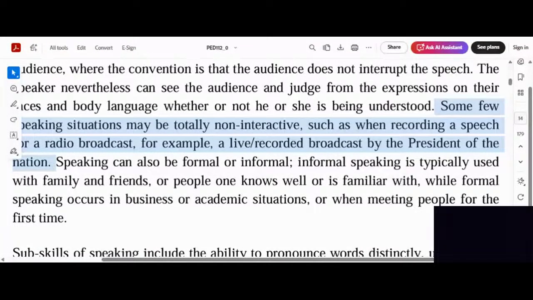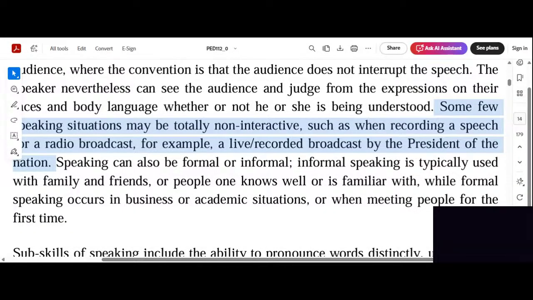When you have a recorded audio broadcast or radio broadcast, when you are listening to radio, you actually cannot talk back. The person presenting doesn't even know where you are listening, doesn't know how you are expressing, whether you are understanding or not, whether you are showing some non-verbal cues or not. The person will not be able to see that. So that is totally non-interactive.